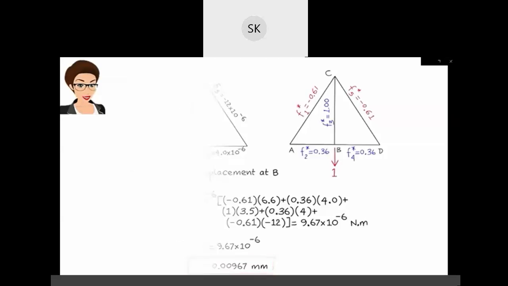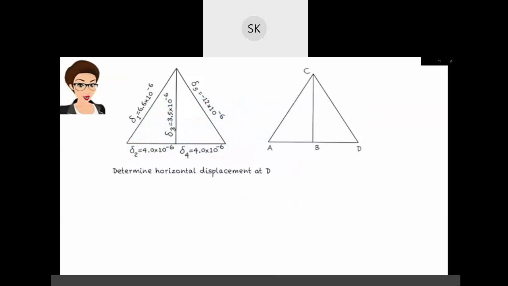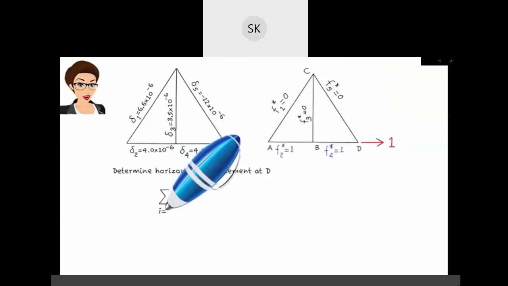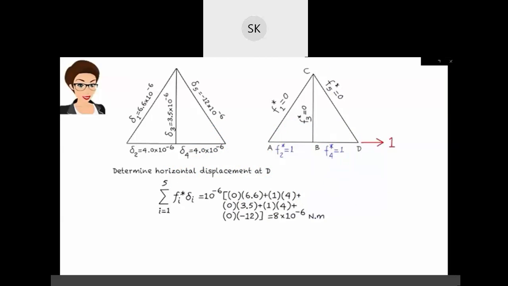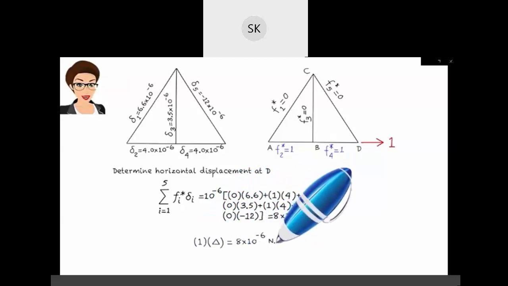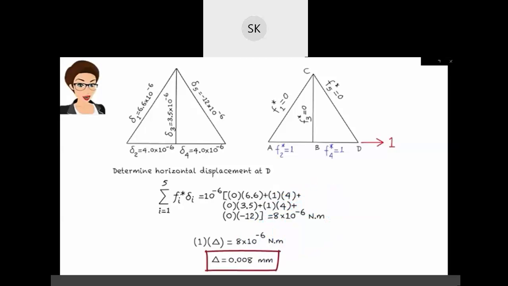0.00967 millimeter. Finally, to determine the horizontal displacement at D, place a virtual unit load at D in the horizontal direction. The analysis of this truss gives us the following member forces. Therefore, the expression for internal virtual work can be written, and then the horizontal displacement at D equals 0.008 millimeter. We are going to examine the use of the virtual work method for calculating beam displacements in the next lecture.